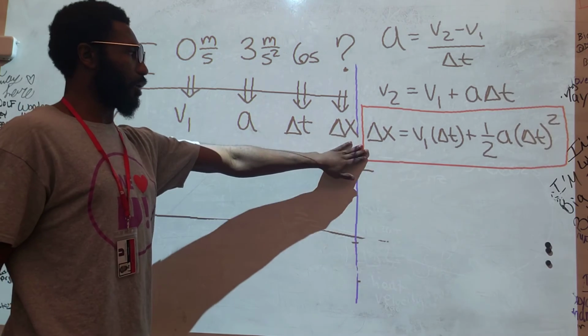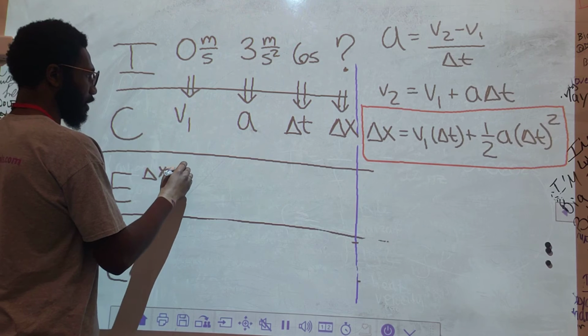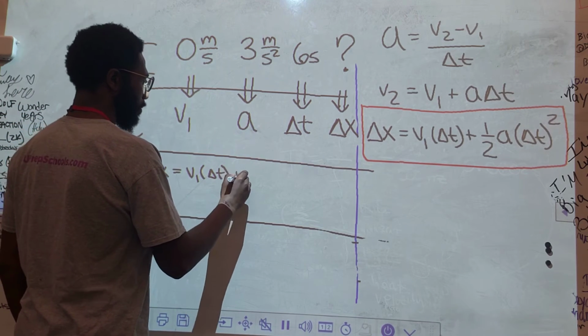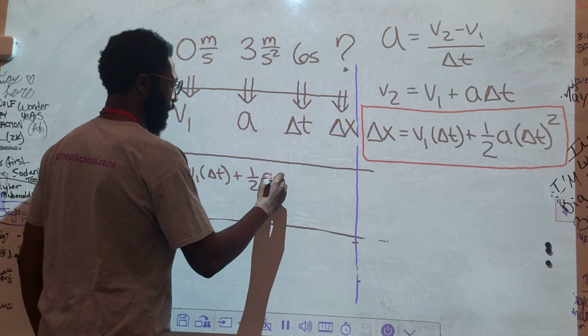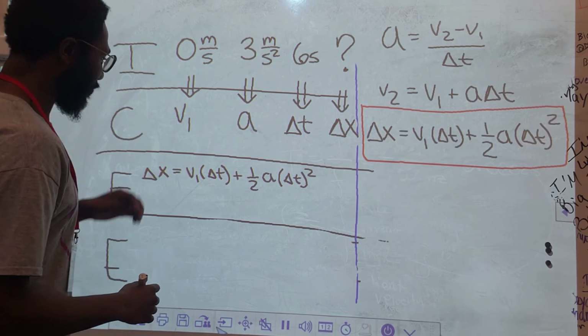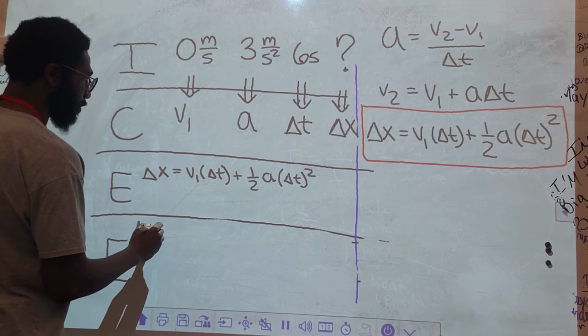So we are good to go because we got our equation chosen. So let's go ahead and rewrite it. Delta x equals V1 delta t plus 1/2 a delta t squared. Okay? So now let's go ahead and plug in our measurements so we can solve this problem.